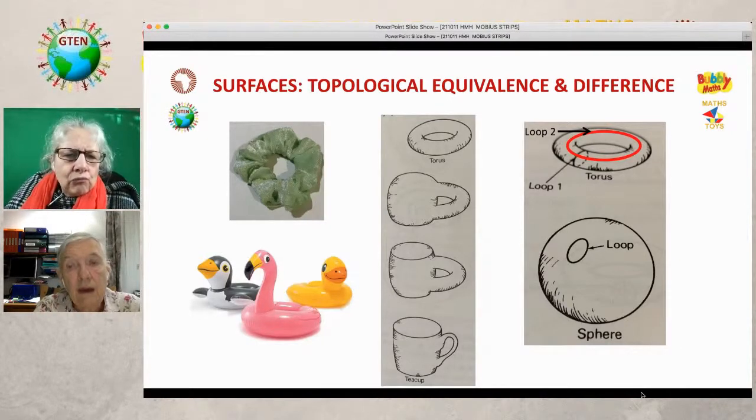And the black loop, you actually can't shrink to a point either. There's a third loop that you can do on the surface of the torus, which is like the one on the sphere. But the two that you see are different sorts of loops to the one on the sphere. Neither of those can be shrunk to a point.